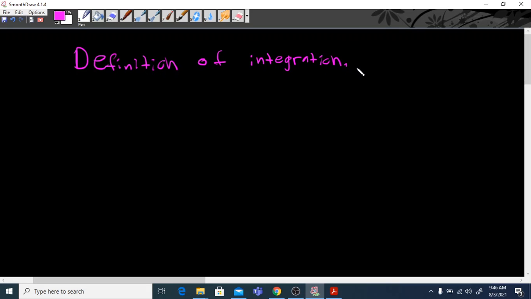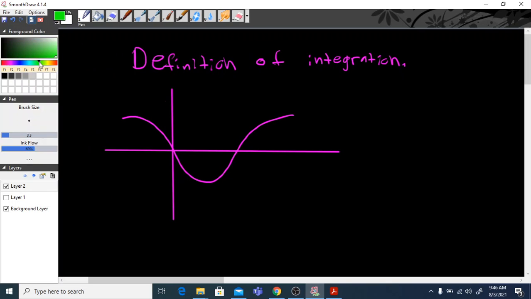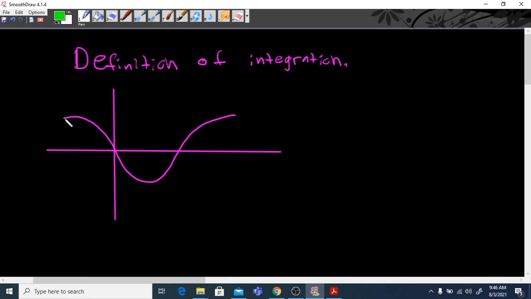So in the previous video, we discussed that really all we're doing is we're taking a function, we're evaluating it, we're multiplying it by a width that generates a rectangle, and we're adding those rectangles together. Just a quick visual summary of that. We have some curve, and we're going to partition it. Here's a y value, here's another y value, and here is a width.